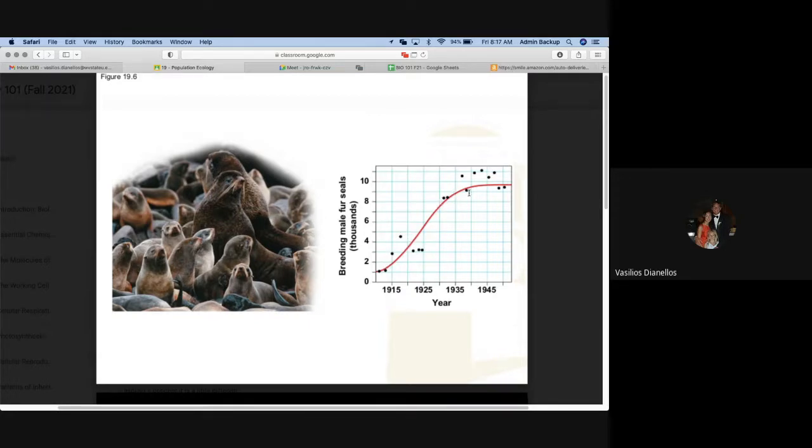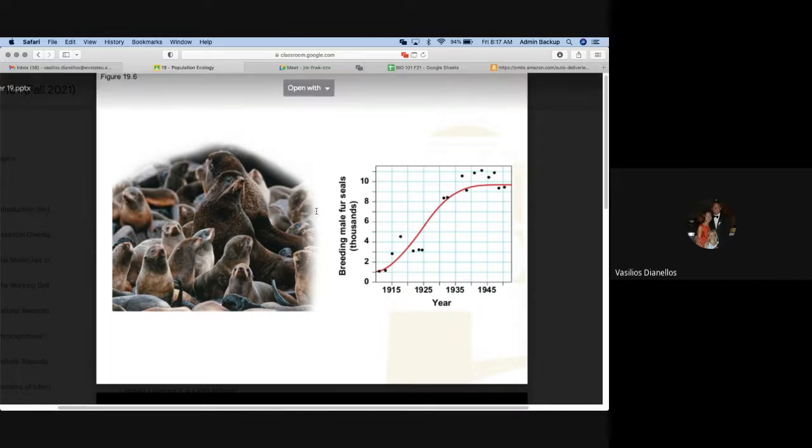It's not perfectly on the line, and sometimes the population number is actually above carrying capacity, but eventually it drops back down. If this were extended farther to the right, you would probably see ups and downs in perpetuity, because it wouldn't be perfectly on that line. But that's, again, a hypothetical line right there. That is the hypothetical carrying capacity.